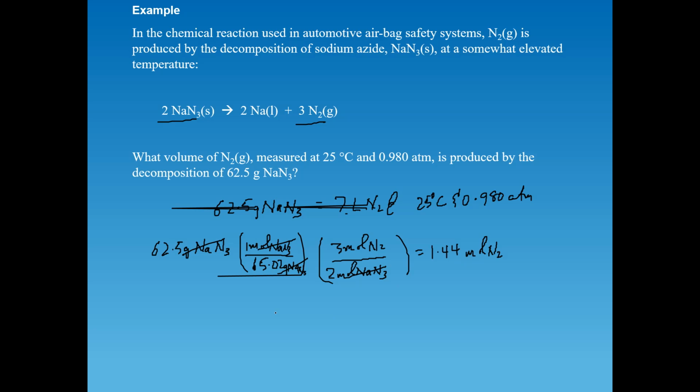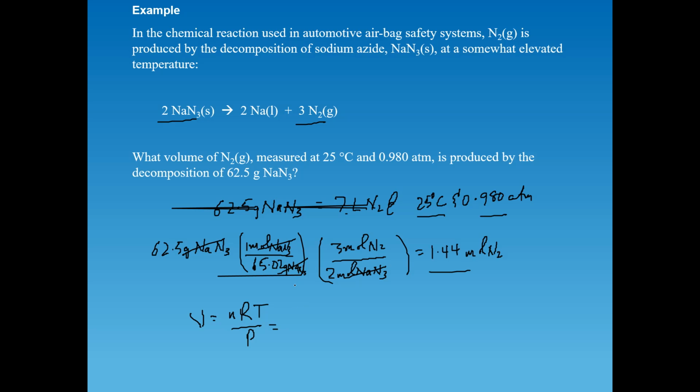Based on the moles of nitrogen and the temperature and pressure, we can find the volume by using this version of the ideal gas law, which is V equals nRT over P, and then we put the numbers in.